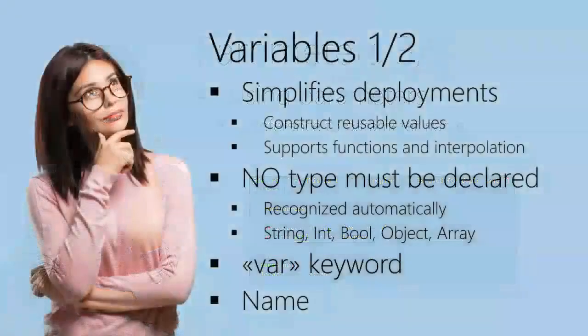All right, then a second thing that's important to understand is variables. Sometimes a bit confusing because it sounds like the same thing as a parameter, but it's actually not. So a variable is something that makes our deployments easier, especially if we want to somehow calculate values before we use them.